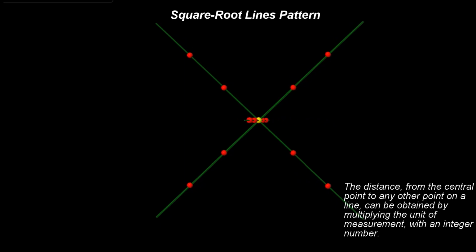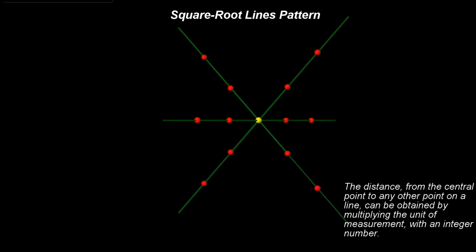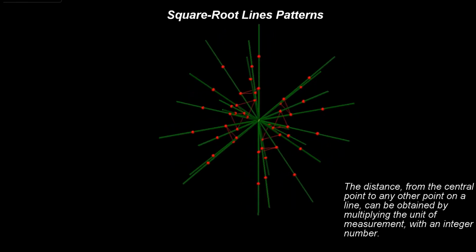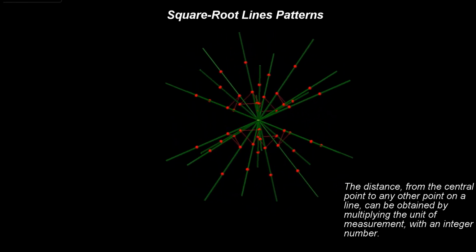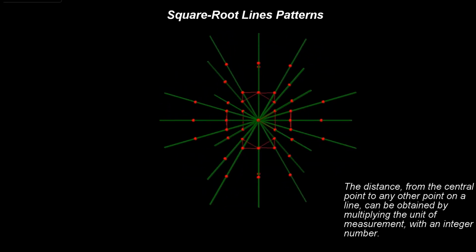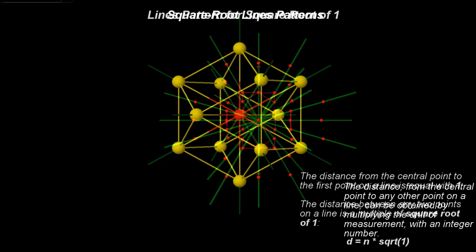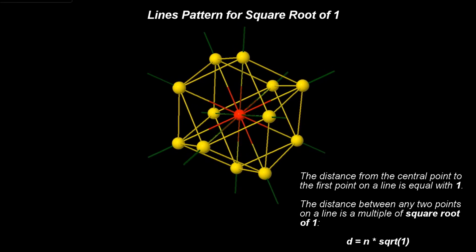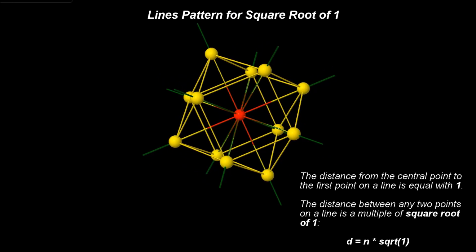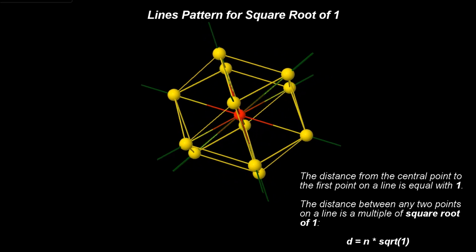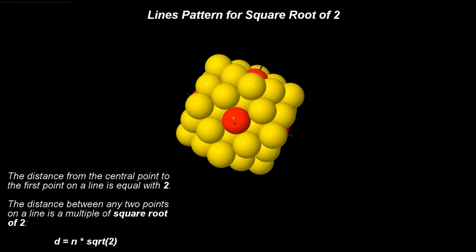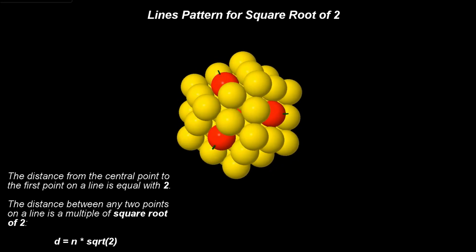Let's now look closer at the first few CPS lines, to get a better understanding of their properties. For consistency, we will refer to each line by a square root number, even when this number is a perfect square number. For example, the first lines one can identify in the CPS arrangement are the lines corresponding to the square-free numbers. The square root of 1. The square root of 2.